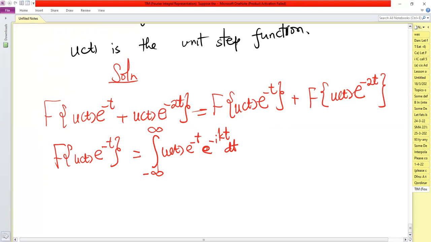But remember, this unit step function is 0 for negative values and 1 for positive values. So this is the same thing as the integral from 0 to infinity of, now from 0 the u is 1, so we just have e^(-t)e^(-ikt) dt.